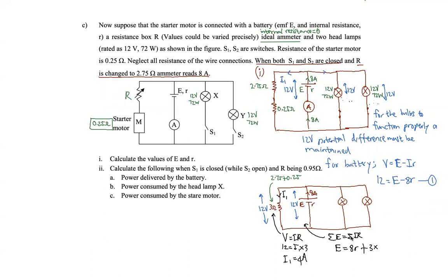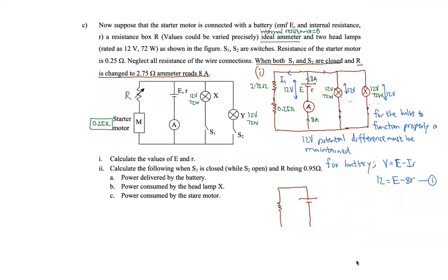So that is 3 into I1, current is 4. So I'm getting the same equation once again. No, it's not going to be helpful for us. We tried it that way, it didn't work. Same equation once again, that's it.